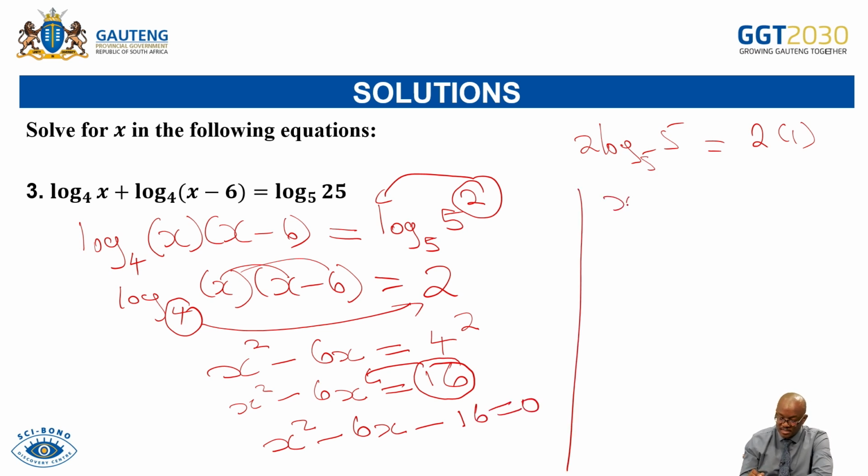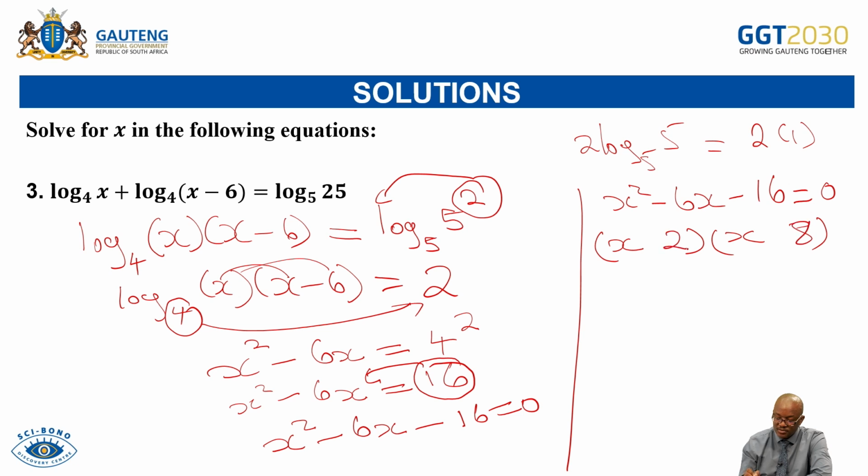So when we factorize x squared minus 6x minus 16 is equal to 0, we open the bracket, then we're looking at the factors of 16. Factors that multiply to give us 16, and when we subtract them, they give us 6. We can agree that is going to be 8 and 2. 8 times 2 is 16, and 8 minus 2 is 6.